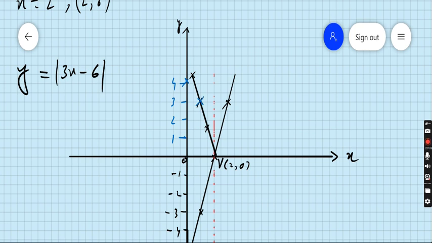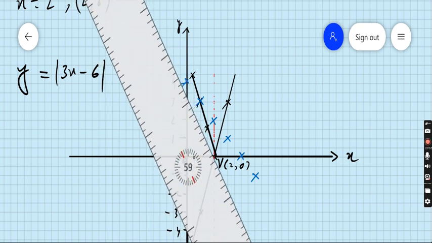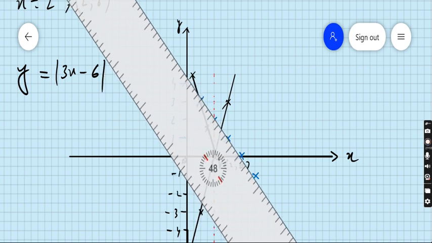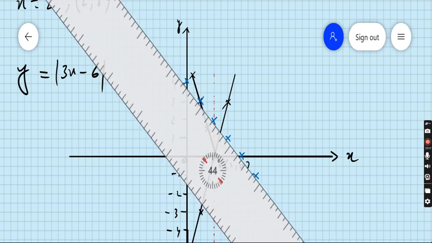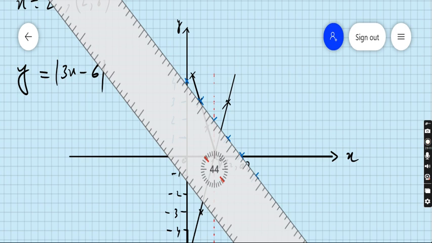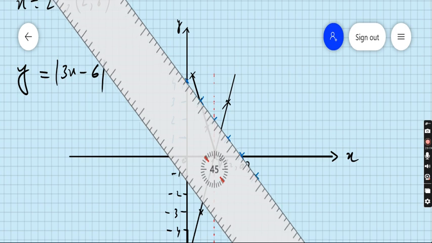This is first, then 1, 1. Second, 1, 1. Third, then 1, 1. Then 1, 1. Join these points.